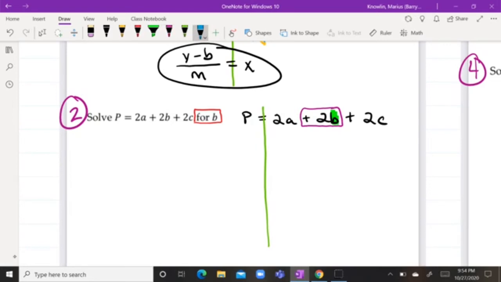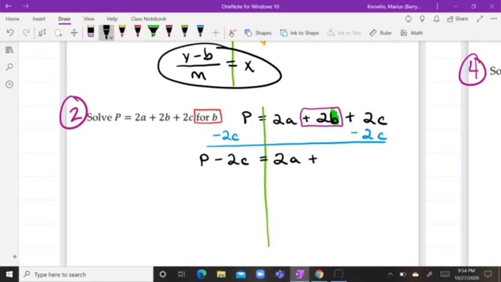So I want to move everything else away from the positive 2b. First thing we want to do, we can subtract 2c from both sides. And since the 2c is not a like term with the p, we would rewrite it as p minus 2c equals 2a plus 2b. Now once again, I still want to solve for the b, and I want to isolate the 2b. So I need to now get rid of the 2a.